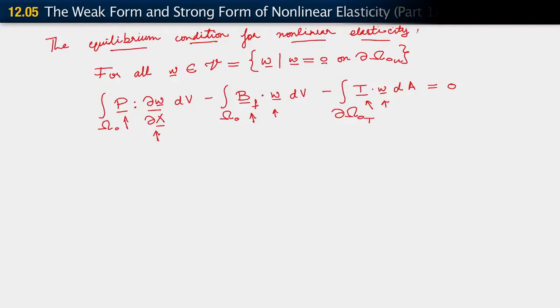Now, this form of the equation, or this condition, is also often called the Euler-Lagrange equation, or the Euler-Lagrange conditions, of the functional.